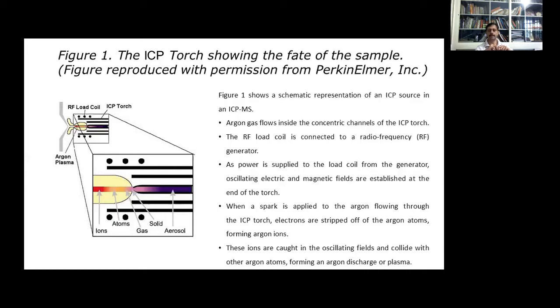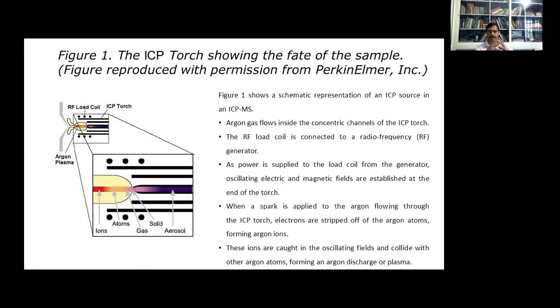And I have also mentioned that one end of it is located in the rapidly changing electromagnetic field or RF environment. By subjecting argon gas to a small spark for a short period, electrons are generated.